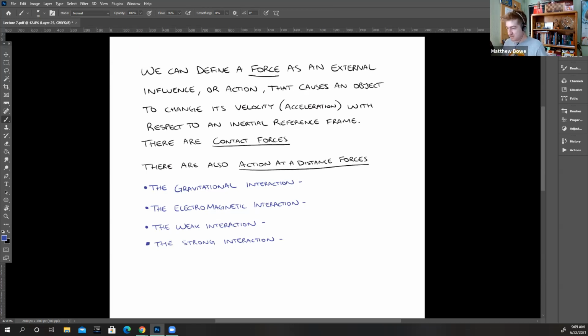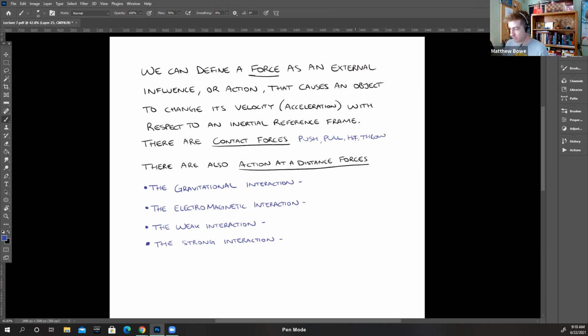There is the gravitational interaction. So, how do particles of mass interact with one another? Actually, before, I think I glazed over a little too much. Contact forces, those are the ones that we all know, like a push, pull, hit, throw.